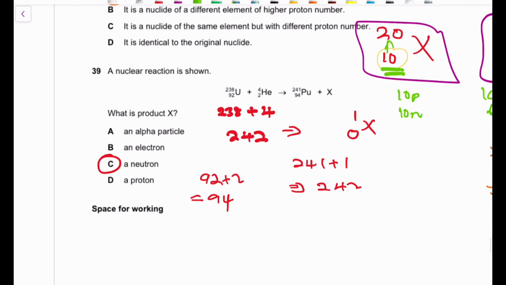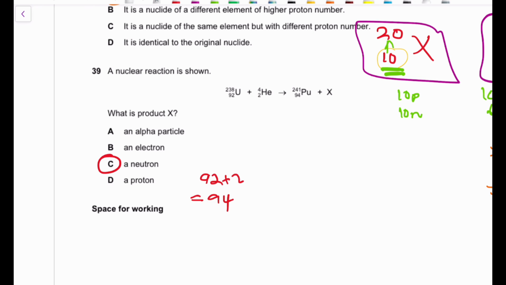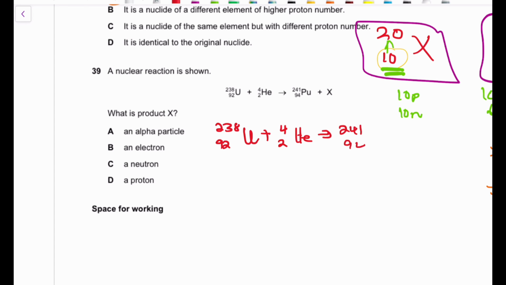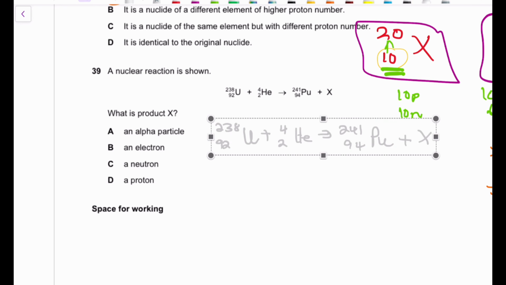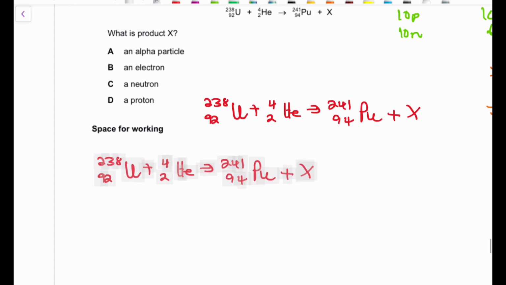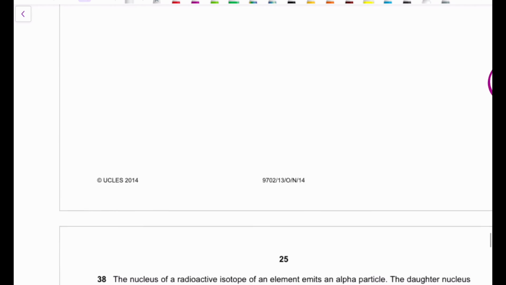And for question 39, we have the conservation of charge, the conservation of momentum. In this case, we're going to have the conservation of nucleon number. So in this case, we have 238 and 92 of U plus 4 and 2 of He, forming 241 and 94 of Pu plus X. So basically, we have these different things being formed, and if we look at them, what exactly is different?